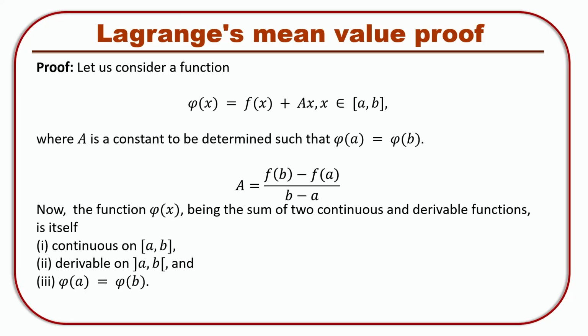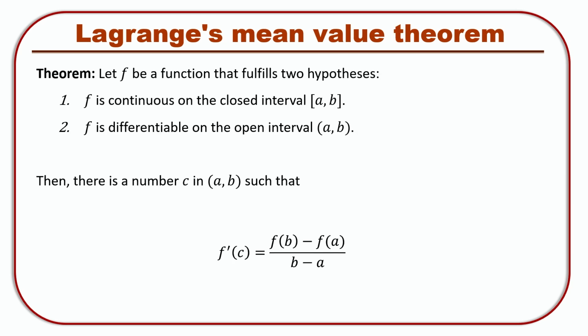That means at least one point c in (a, b) must have that slope, equal to the ratio of the functional value difference divided by the argument difference.